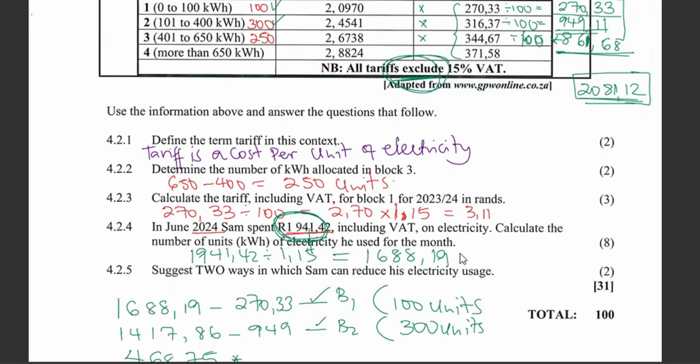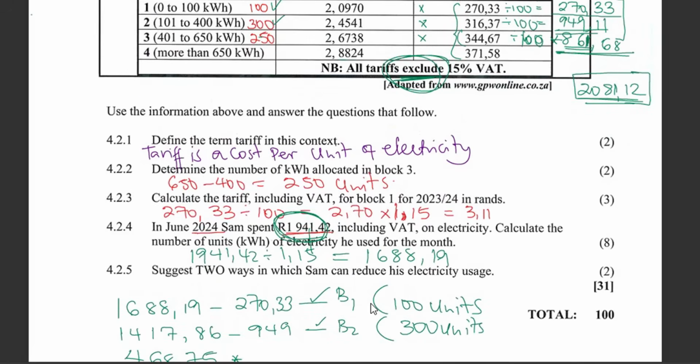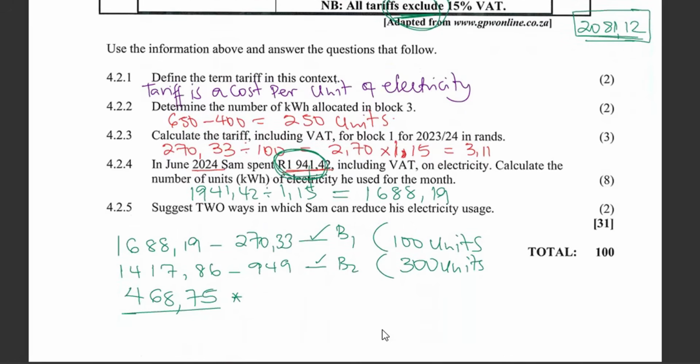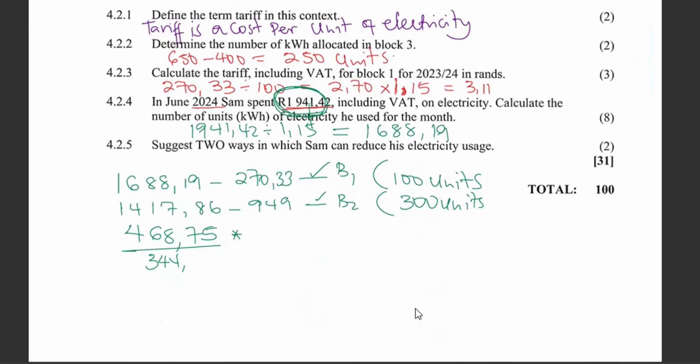However, if someone uses block number 3 fully, they have used 861. This one, it never exceeded that money. So meaning we need to find out how many units are there. So we shall need to divide by this number here, which is divided by, because these are rands and these are cents. So let's divide by that, and we see divided by 344,67 divided by 100.